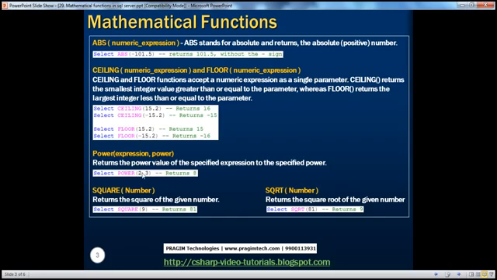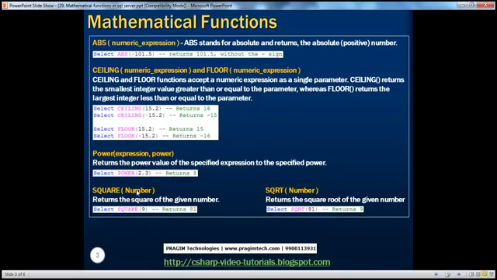So if I pass 2, 3 to this power function, we are saying calculate 2 to the power of 3. 2 to the power of 3 is 8, so this function returns 8. Similarly, if I pass 4, 3, we want to calculate 4 to the power of 3. 4 into 4 into 4, which is 64. 4, 4, 16, 16 4s, 64.